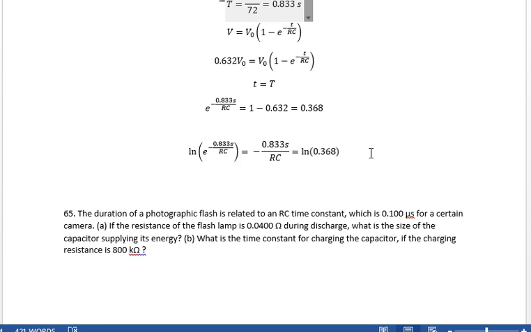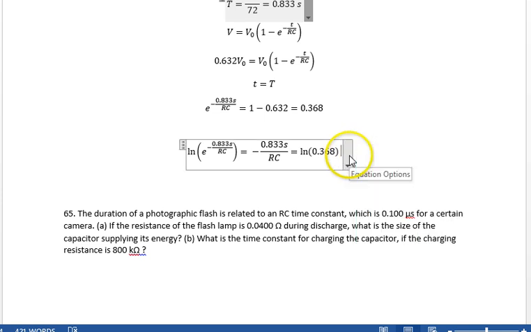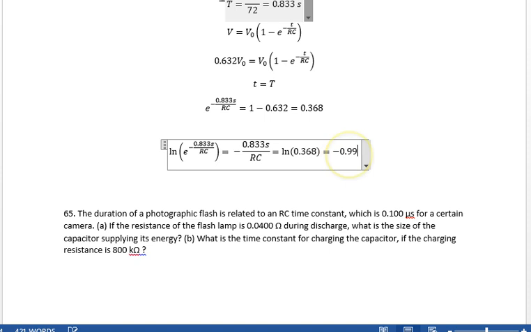So the natural log of 0.368 is minus 0.99967. Three nines.